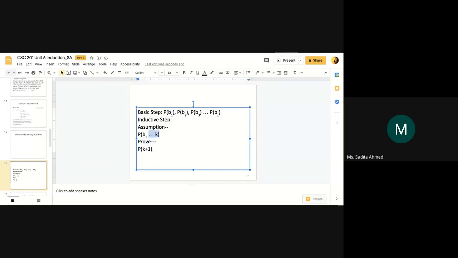So the assumption is a bit stronger. By stronger I mean that the assumption covers a bigger scope, so it makes our life a lot easier. Why are we able to do this? Because in the base step, we are proving it for a range of values as well.